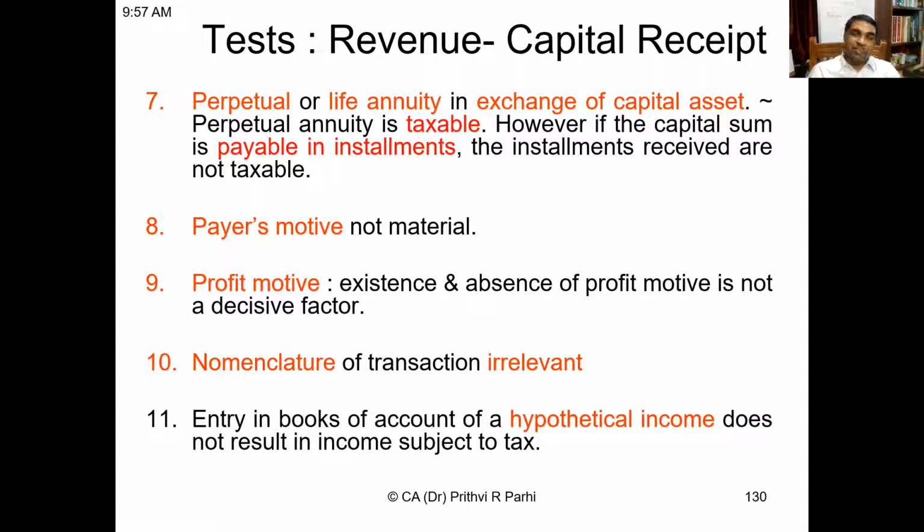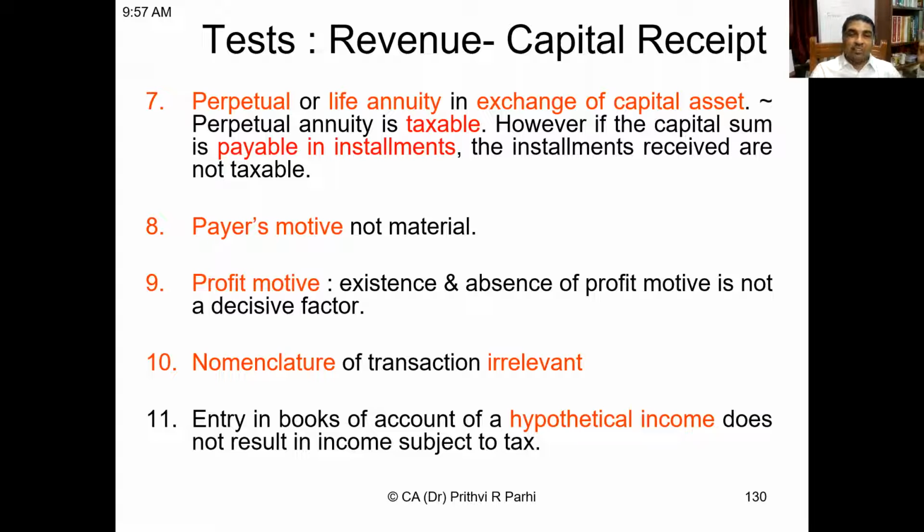Similarly, the nomenclature of the transaction is also irrelevant. You have to actually see what its nature is. You may call it a revenue compensation, but that doesn't mean it automatically becomes revenue compensation. You have to see why that compensation was given and what its nature is. For example, let us say your building is taken away by the government and some compensation is given.